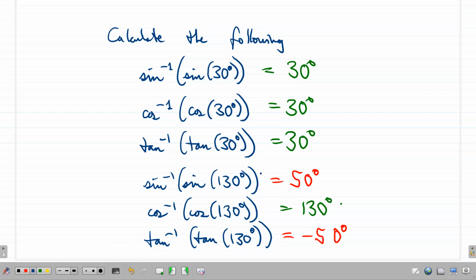All I'm saying here is be super careful when you just blithely take inverse sine, inverse cos, and inverse tan on your calculator. You need to make sure that the ranges of the three functions coincide with the ranges that your angles are corresponding to.